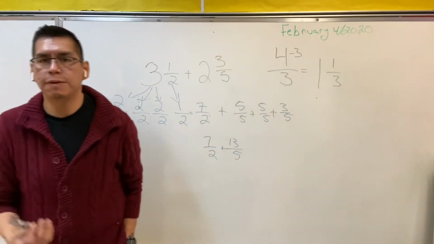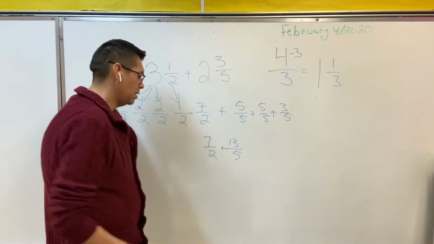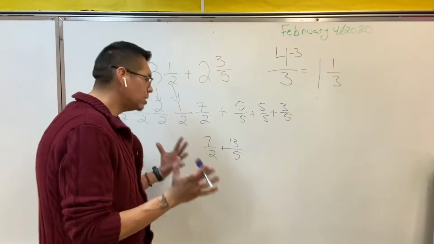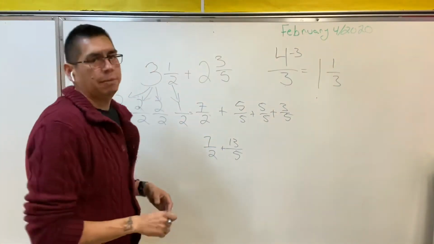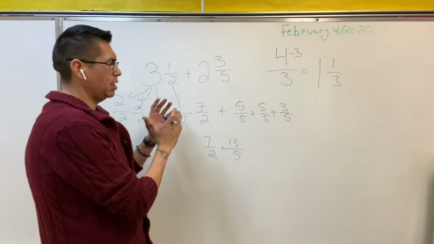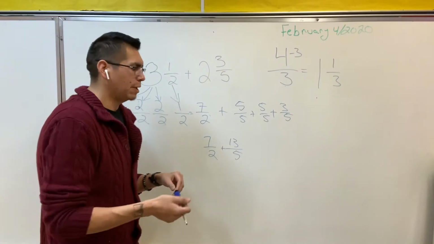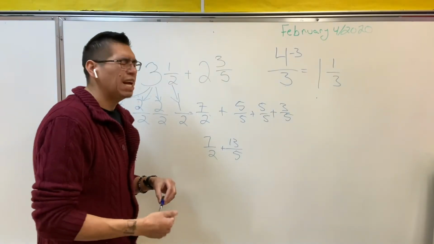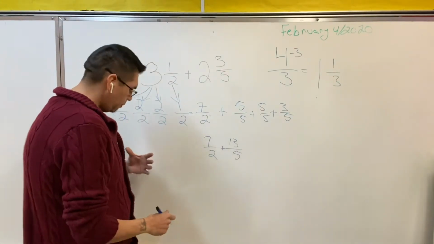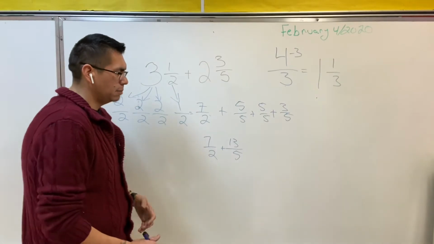Now we have to find the common denominator between 2 and 5. Right? And you're like, oh my God, it's too much. Well, maybe I'll just put up some questions about changing a mixed number into an improper fraction, and an improper fraction into a mixed number. But anyways, before we do that, we'll find the common denominator.